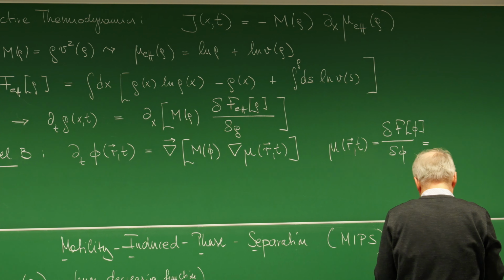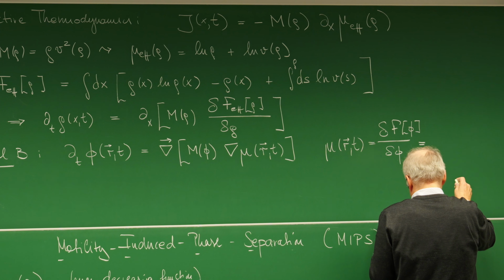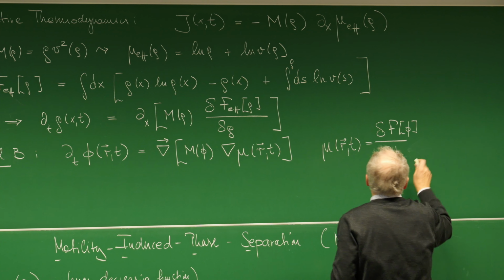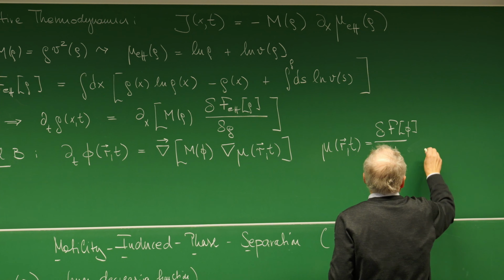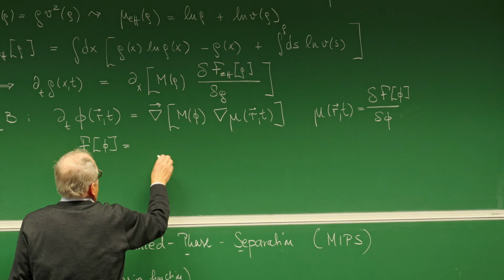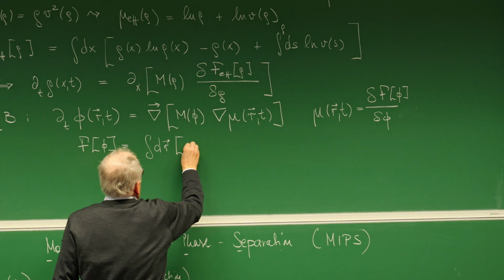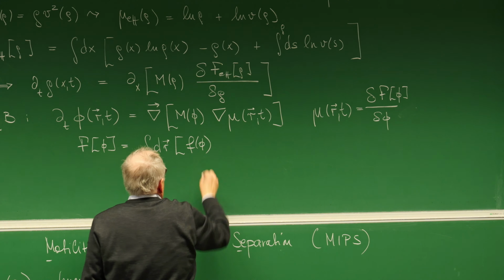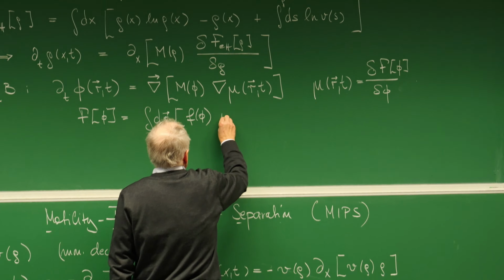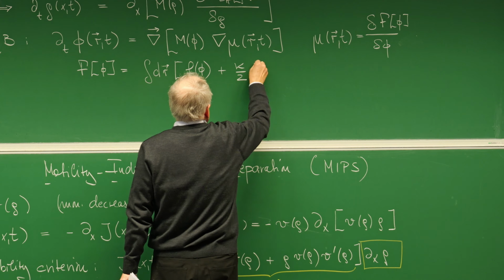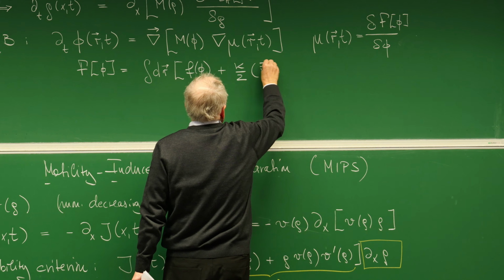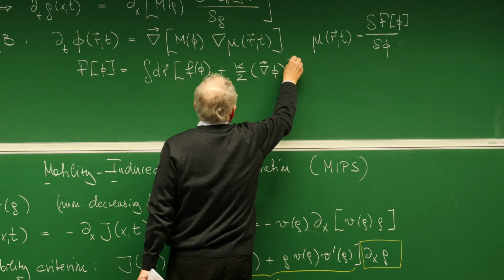and the f of phi has a structure which is an integral over space, a local part of the free energy and the part that's accounting for stiffness effects.